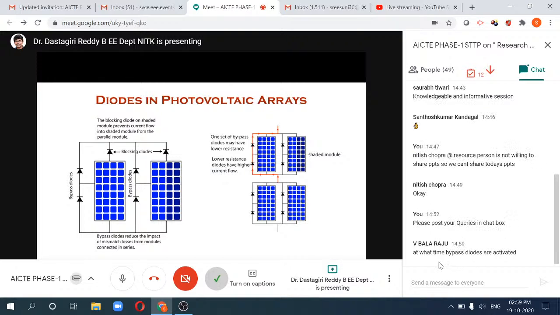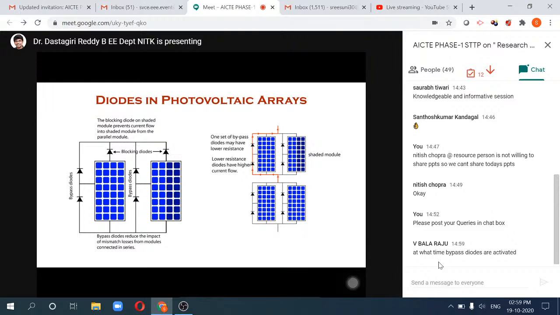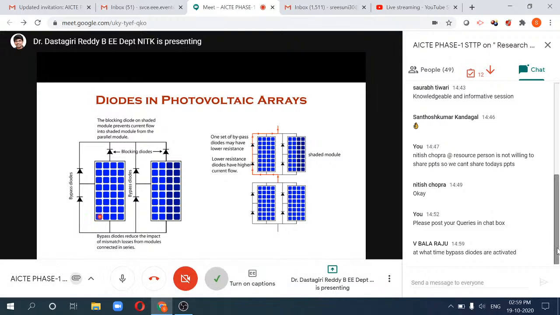Sir, one question. At what time are bypass diodes activated? Whenever there is a mismatch in the current produced by the series connected cells, for example, this is generating 2 ampere and this is generating 1 ampere, then there will be an issue.